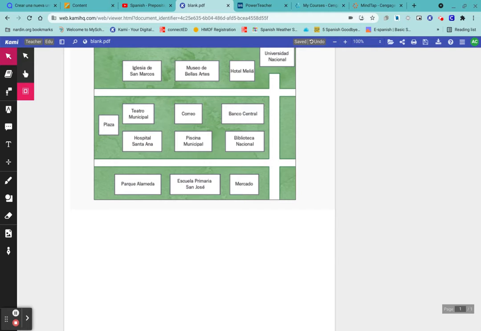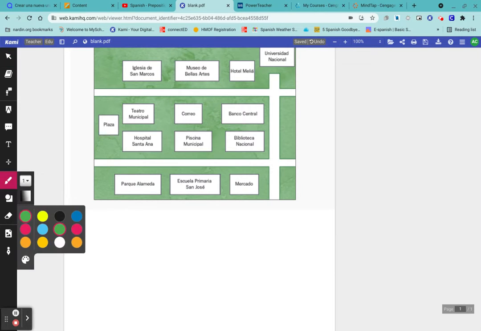So now we want to just answer a few questions about places around town. If we asked, ¿Dónde está el correo? We're asking, where is the post office? In this case, we could use the word entre, which is between.